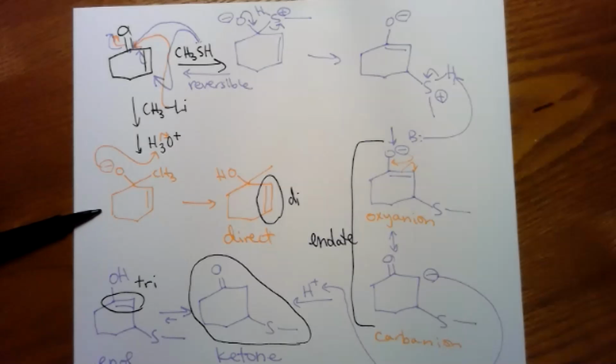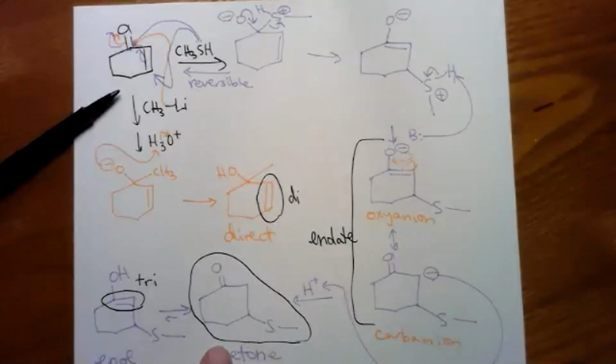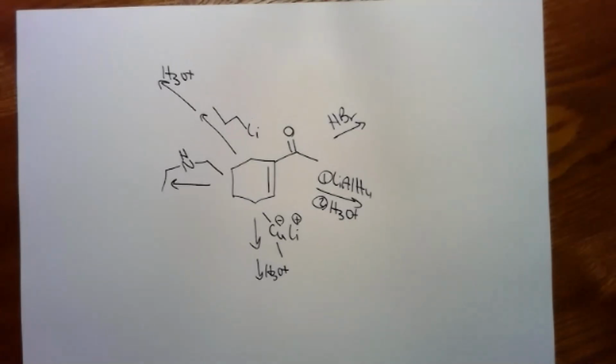This orange did act independently of the alkene, but the purple, the reversible one, did not act independent of the alkene. The final product looks like it acted independently of the carbonyl, but it didn't. Because of tautomerization in the end, it looks like the alkene was all that's involved, but it's not true. Be wary.